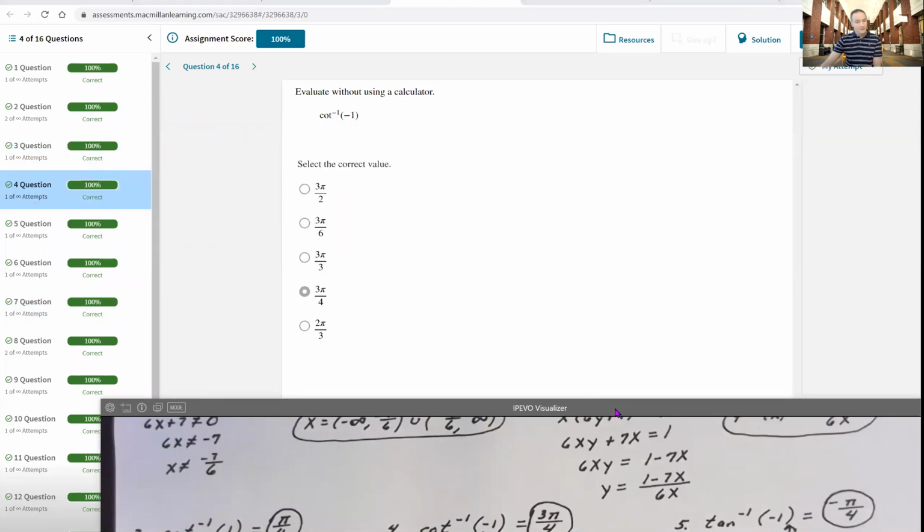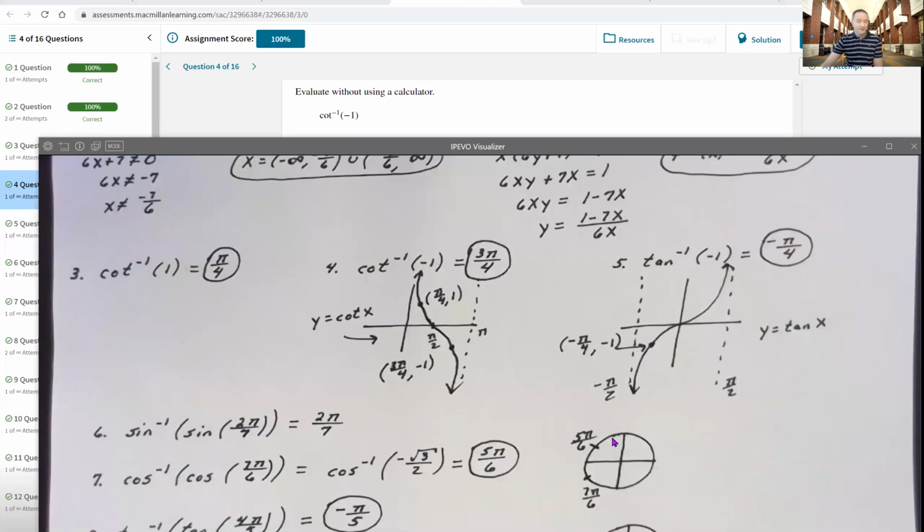Now, this one's tricky. The reason I say it's tricky is because you have to think about the domain restriction for your cotangent function in order for the inverse cotangent to exist. Please remember, inverse cotangent can only exist if the original cotangent function is 1 to 1.